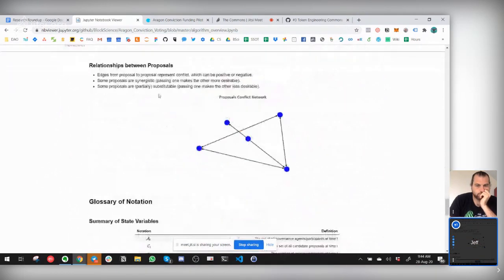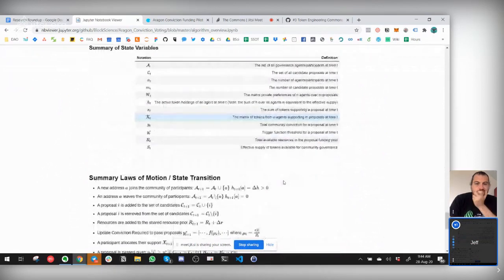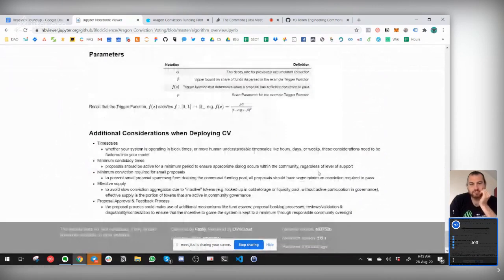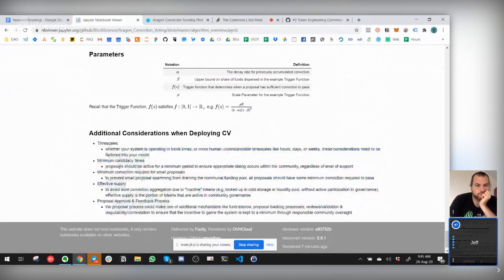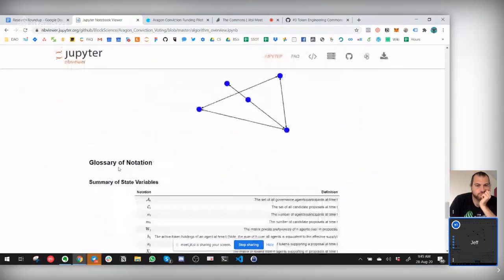Some pretty interesting stuff looking at the graph networks, all the notation and definitions. This is basically like a textbook on conviction voting, and it talks about a lot of the things you need to consider as a community launching conviction voting, some of the attack vectors you need to be aware of.